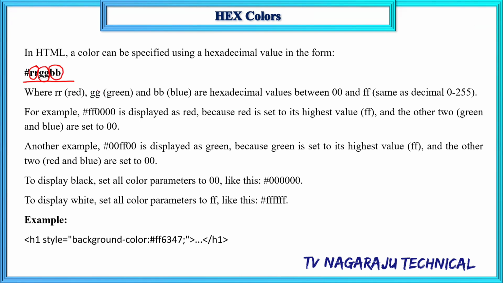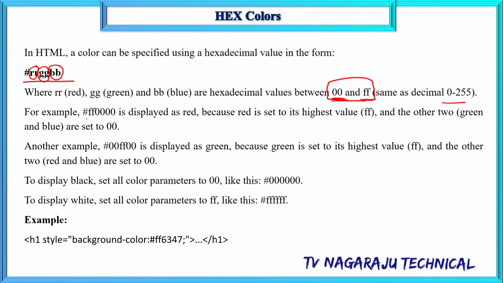Each has values from 00 to FF. Remember, 00 to FF, this is in hexadecimal. In normal, that is converted to 0 to 255 only. Like RGB only. Instead of RGB, we give it like this.